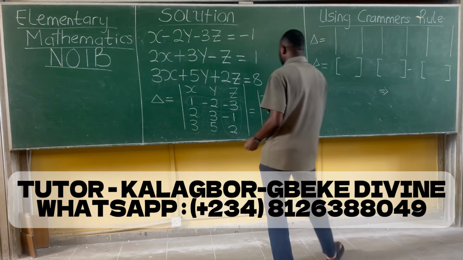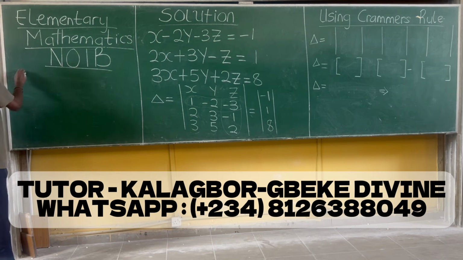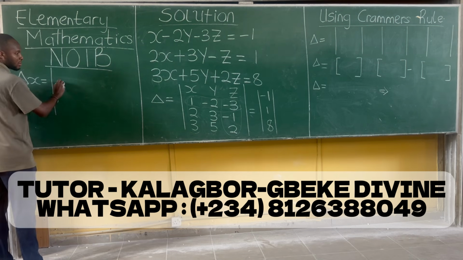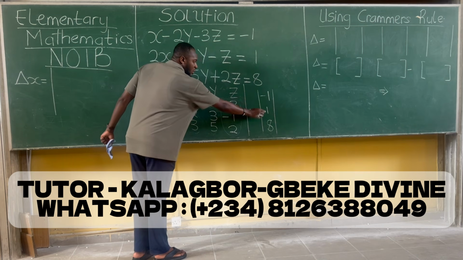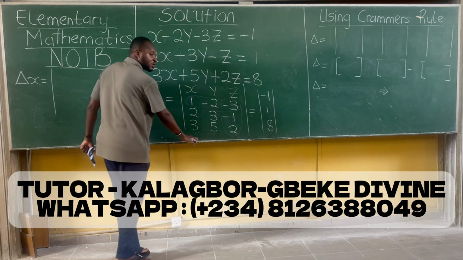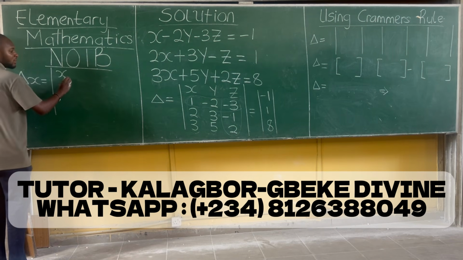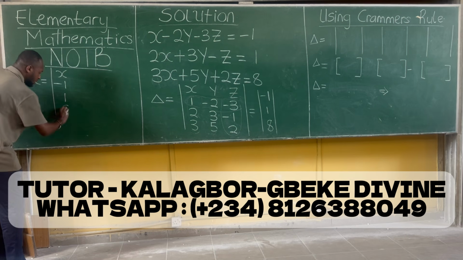All right. So now, let's write the new matrix for x. It will now be minus 1, 1, and 8, right? For this column. Are you seeing it? So for x, it will now be minus 1, 1, and 8.